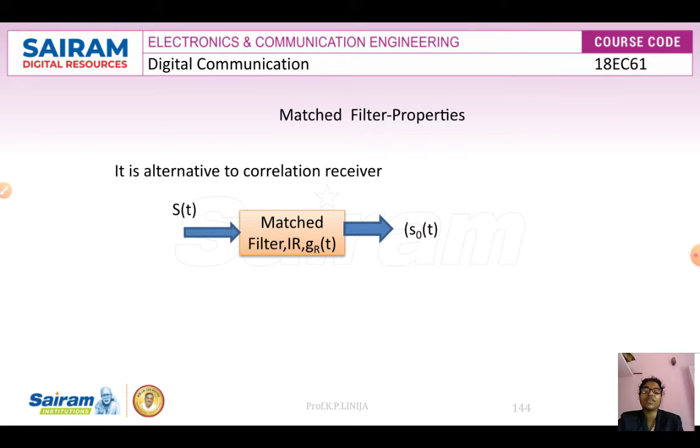The operation and functioning are almost the same; the only difference is implementation. So implementation makes people use the matched filter on the receiver side. That is the first point.